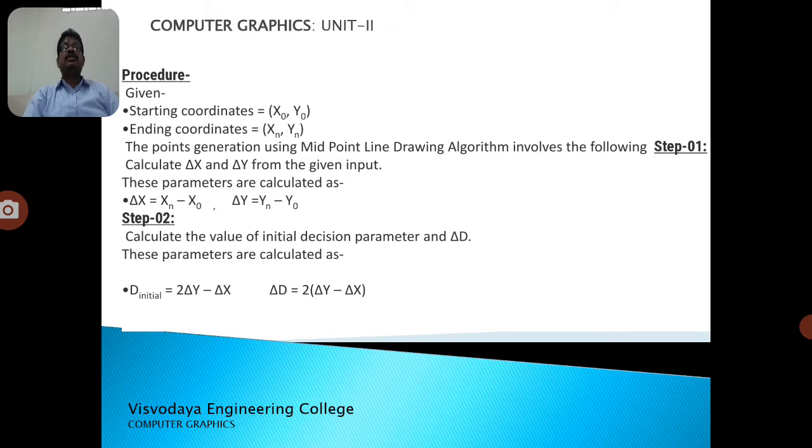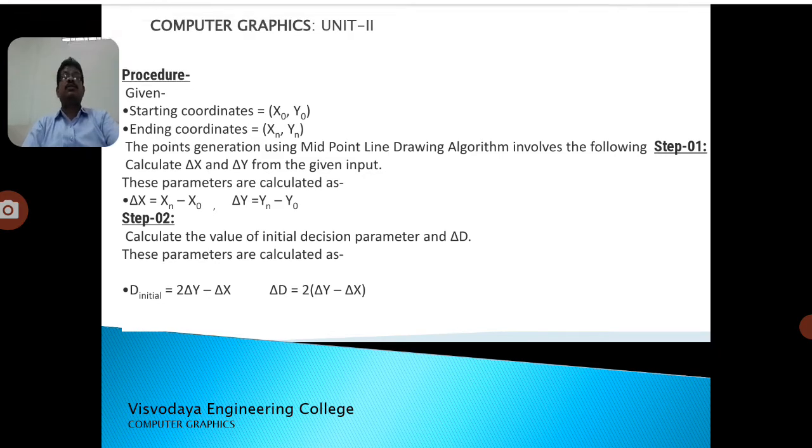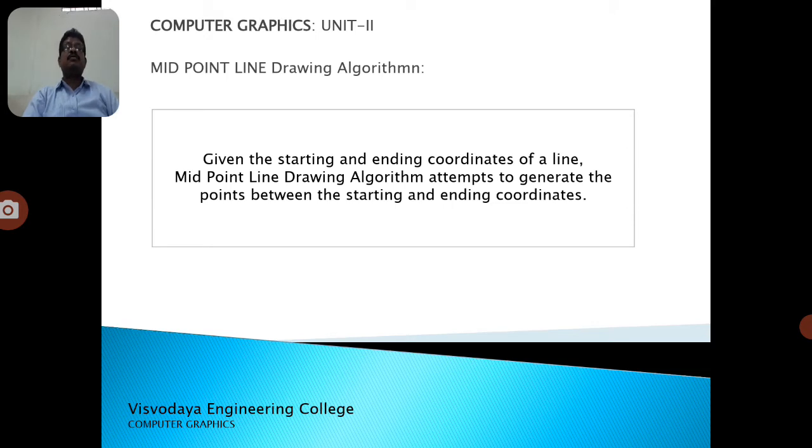Now we take the starting coordinates x0, y0, and the ending coordinates xn, yn. We take the differences of the x and y coordinates, delta x and delta y, where delta x equals xn minus x0 and delta y equals yn minus y0.